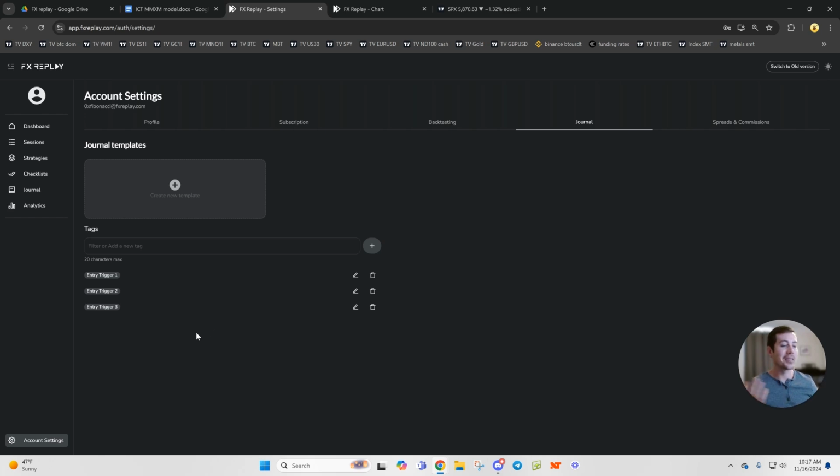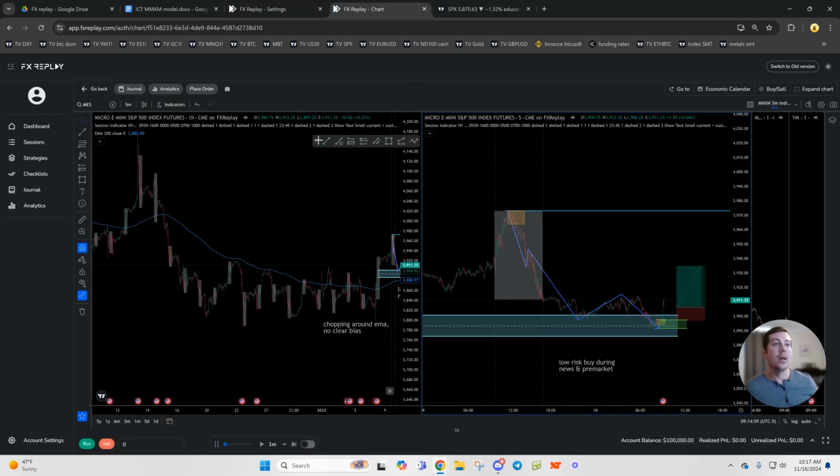Maybe you find out that one of the trade triggers isn't as good as the others, or just isn't profitable. That gives you more information. So I'm going to be using these 3 tags, and here's how you do that within the account settings. And then let's pivot to the chart. I'll talk you through what I have on here.